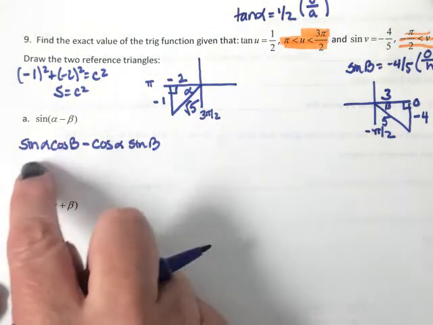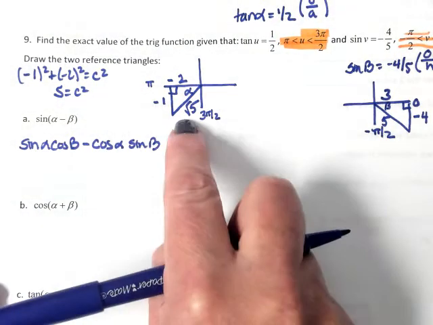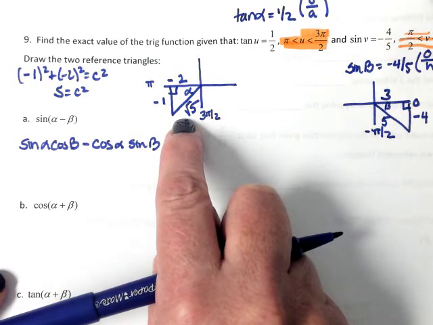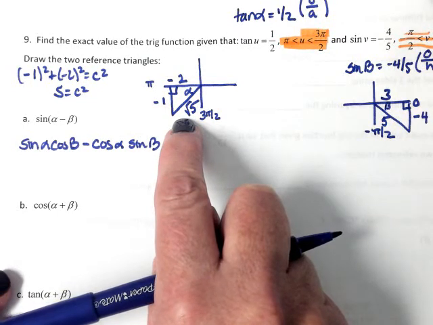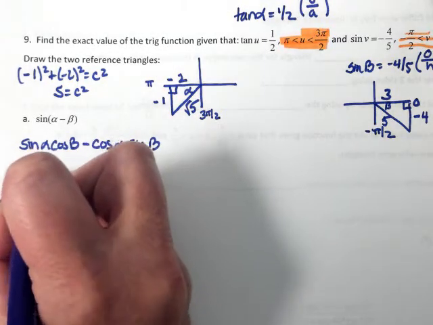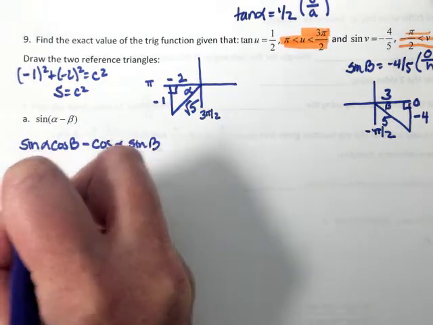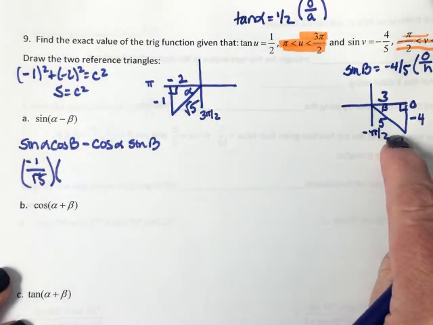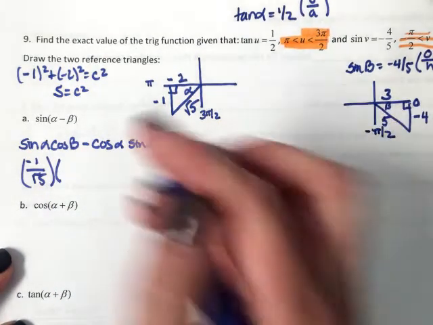So now I want to go to my alpha triangle and I want to set up my SOHCAHTOA. Sine, remember, is the opposite over hypotenuse, so that's going to be -1 over square root 5. Cosine beta. Go to your beta triangle. Remember, that's the adjacent over the hypotenuse.